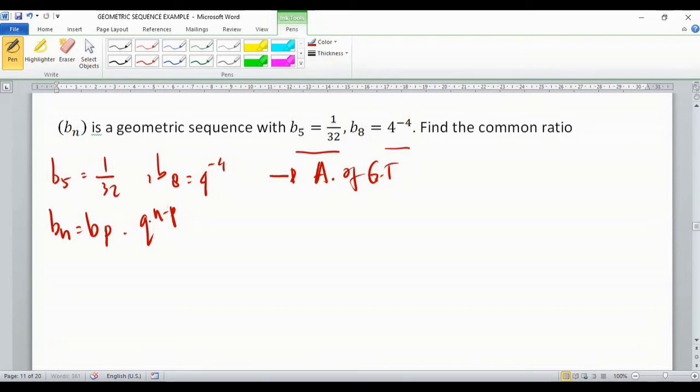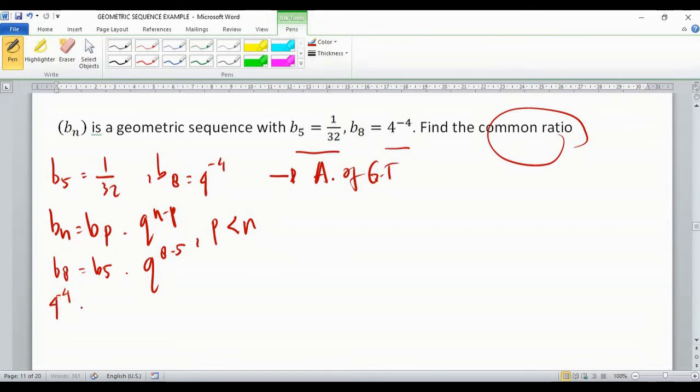So from here, you need to remember the rule: p is less than n, right? So we can take B8 equal to B5, because they're asking for the common ratio, times k to the power 8 minus 5. B8 is 4 to the power minus 4 and B5 is 1 over 32, right? 1 over 32 times k to the power 3.